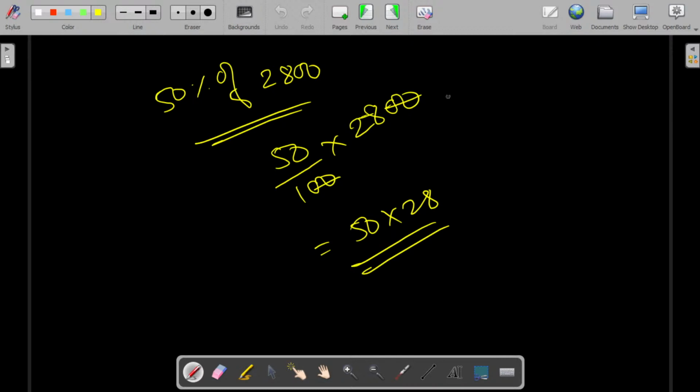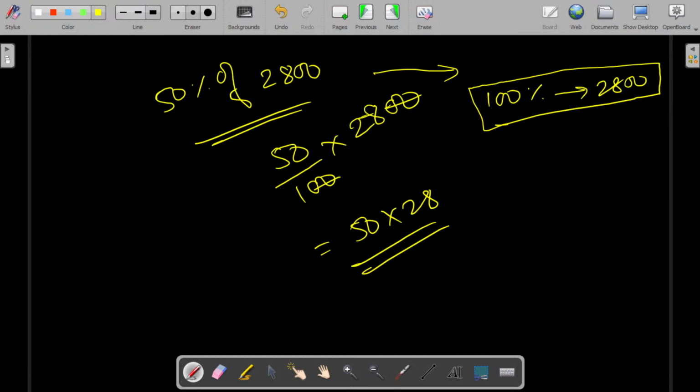This is the normal method. 100% means 2800, right? We need to calculate the 50 percentage of 2800.